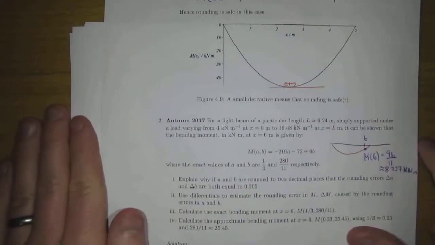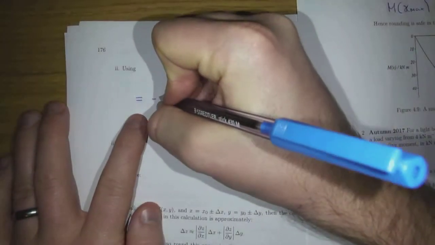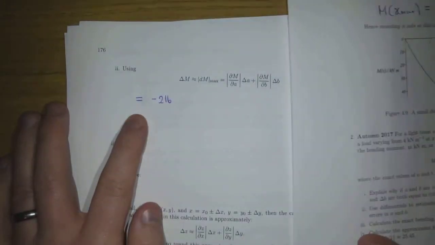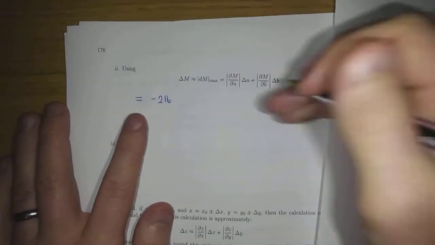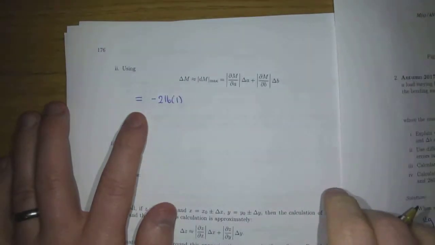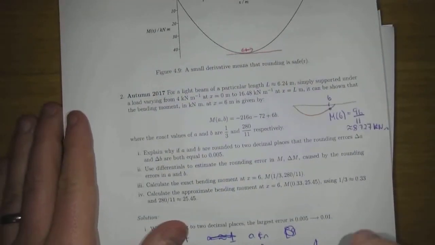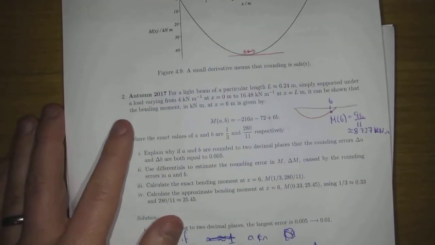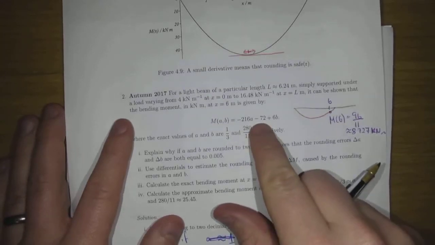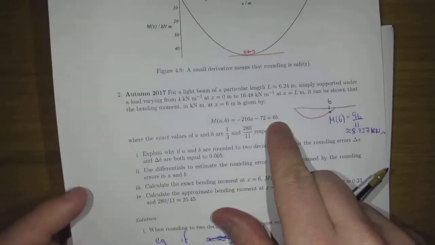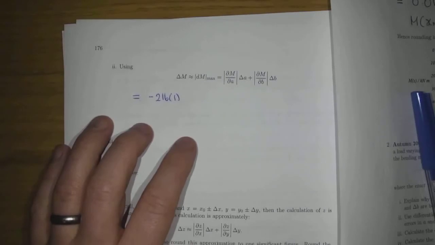So fix the minus 216. The derivative of A with respect to A is 1. And with respect to A, so A is changing, but everything else, in particular B, is fixed. Minus 72 and 6b are constants, so the derivative of them is 0.